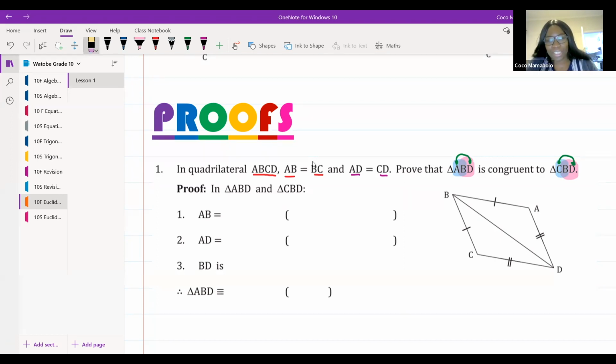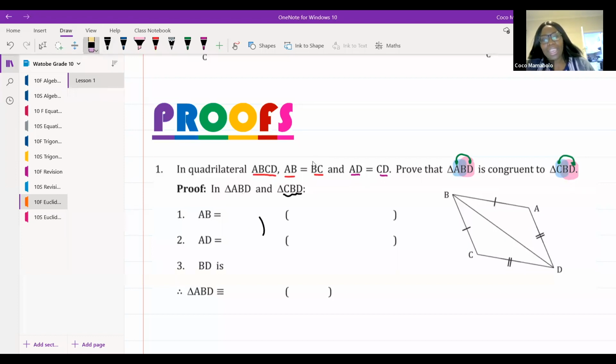Write it the way that they've written it. In triangle, you see that they've gotten the order correct: ABD and triangle CBD. Guys, please make sure you're getting the order correct, because the order is the one thing that's going to allow us to compare the two.